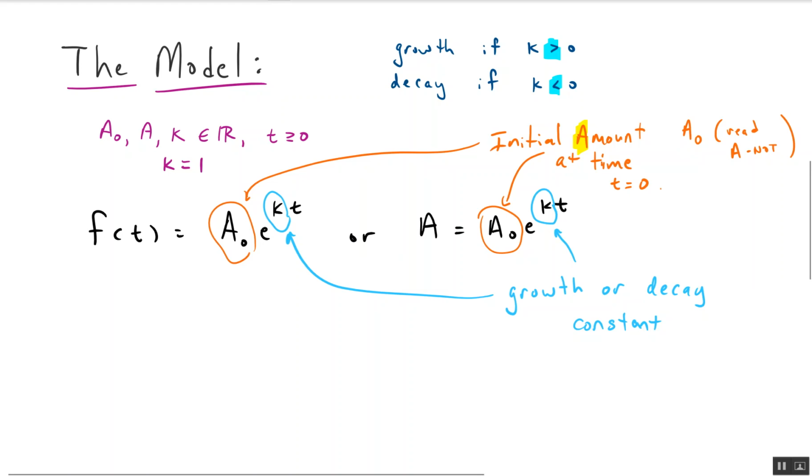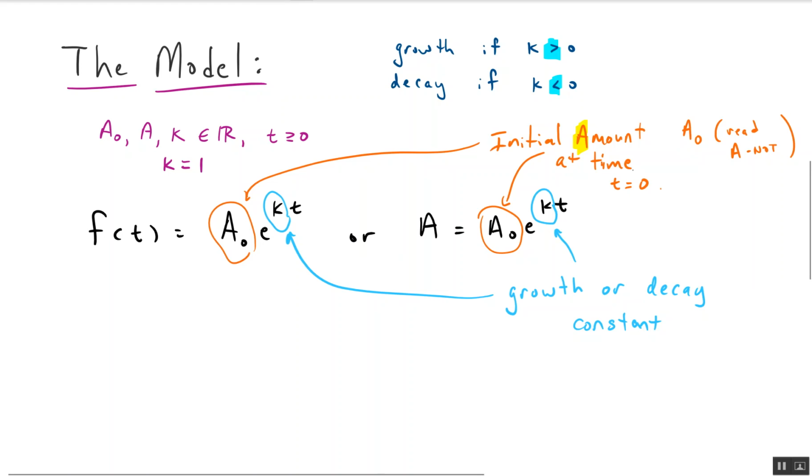So at any specific time, say time 2 hours after we let the experiment grow, there's going to be a specific population number at that time. So it's not our initial population. It's either grown or it has decayed, or it's gotten bigger or smaller. So that current amount at any time t, we have to have something that describes that, right?